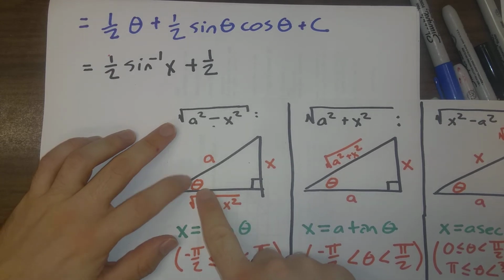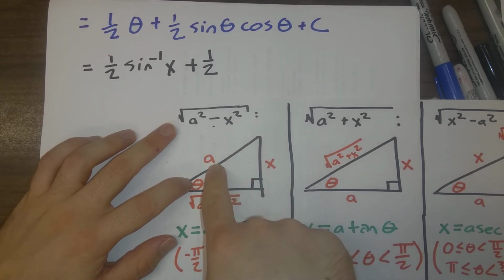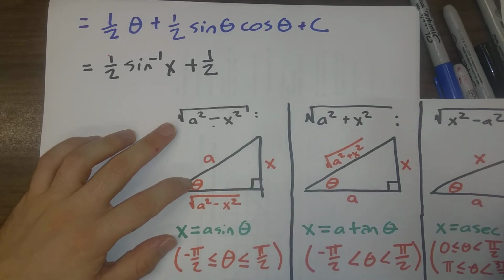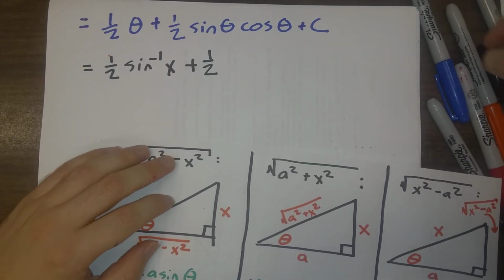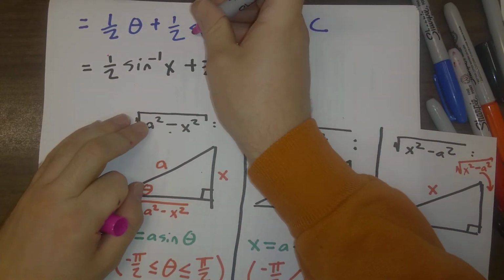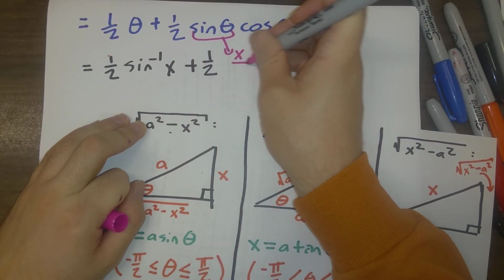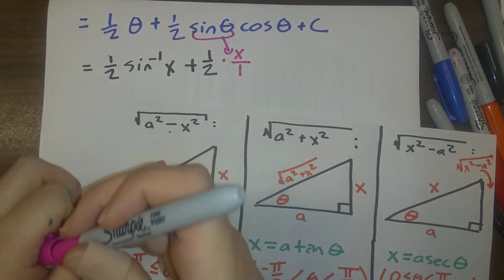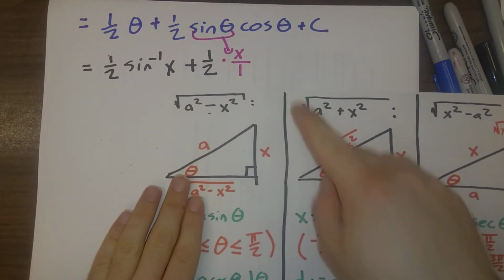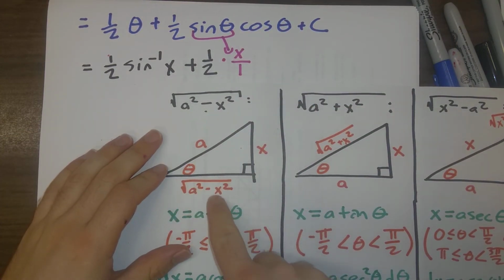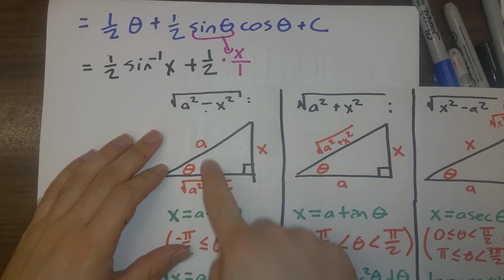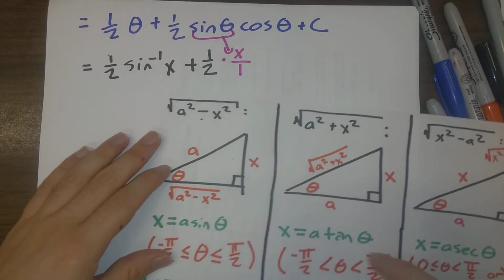Well, what is sine of theta in this case? Sine of theta is x over a. And x over a, a here is 1. So that is equal to x over 1. And now for cosine theta we can see from the triangle is square root of 1 minus x squared over a, which is 1.